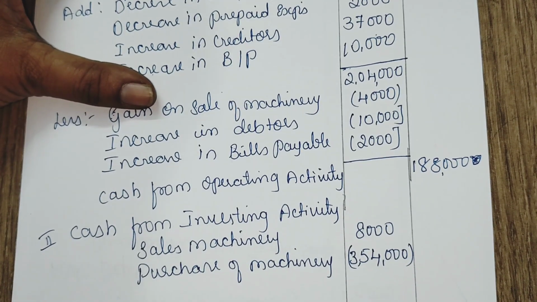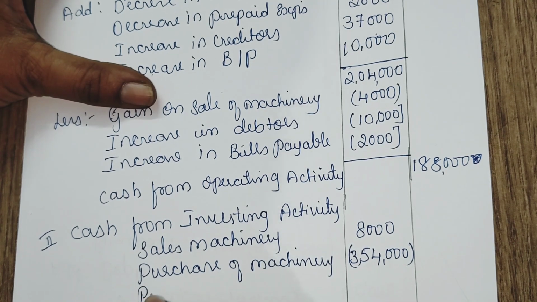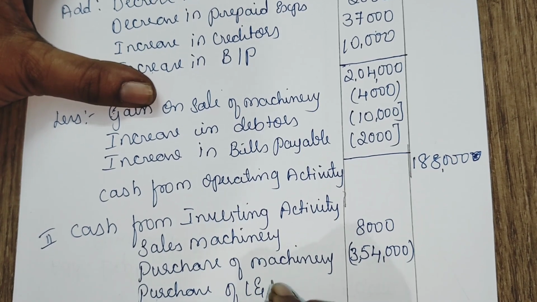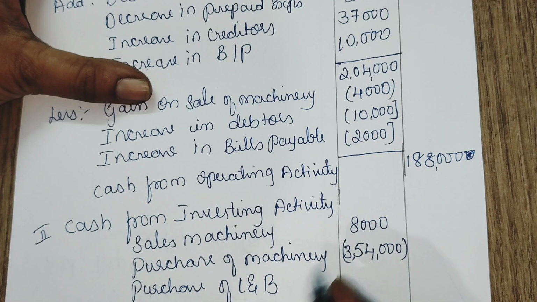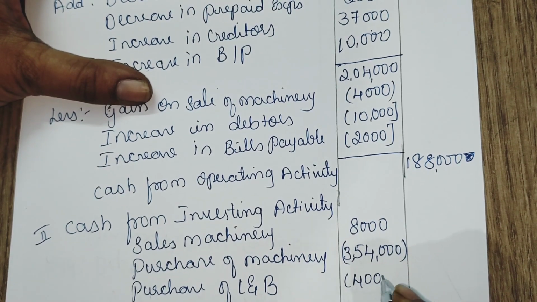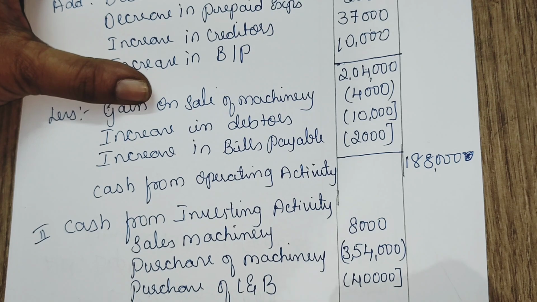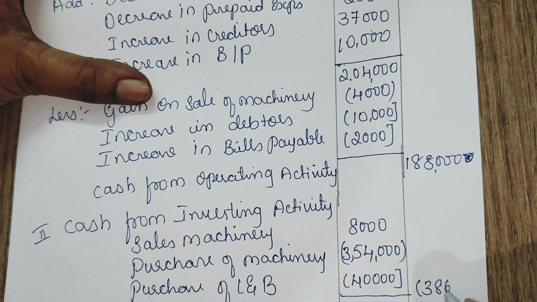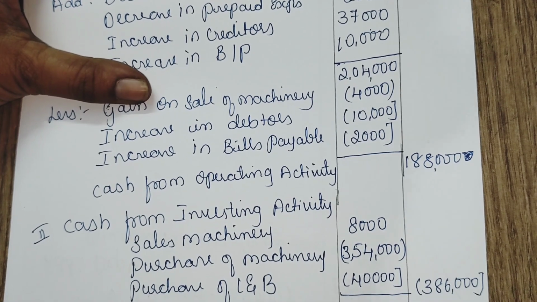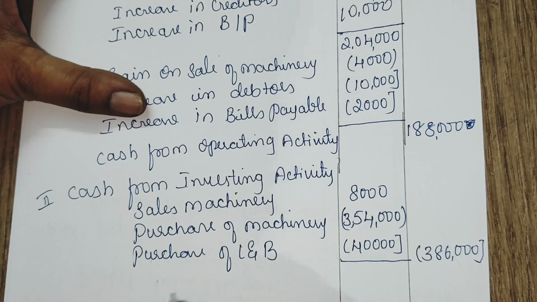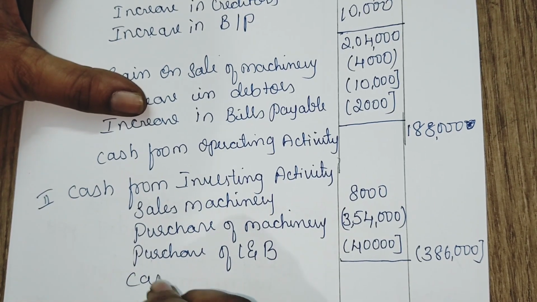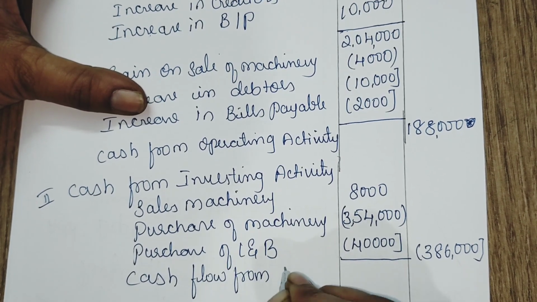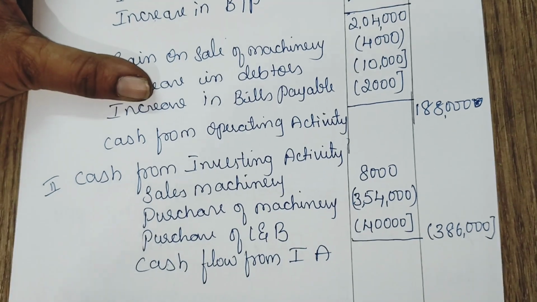Then we have purchase of land and building 40,000. 3 lakh minus 3,86,000. Then this is the cash flow from investing activity.